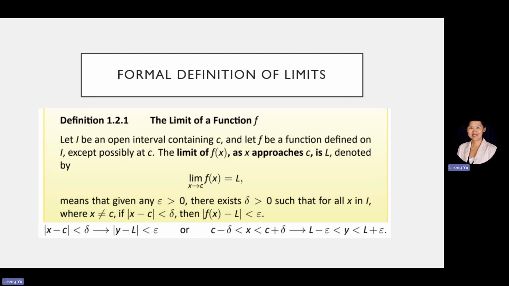For any epsilon, there exists a delta, which is also supposed to be positive since we are quantifying the distance, such that for all x, with x minus c less than delta, we would find f(x) minus L less than epsilon. So these two quantify the distance.